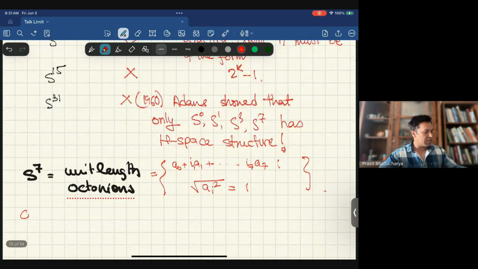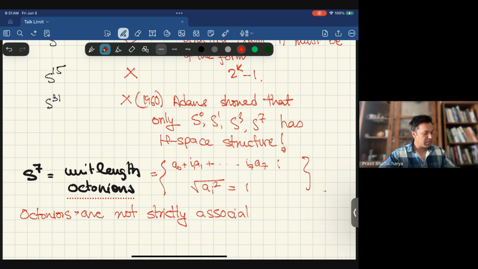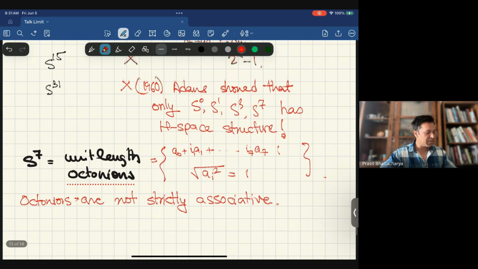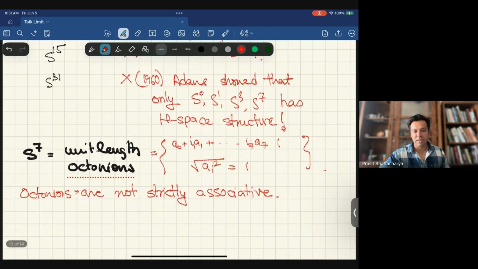But octonions are not strictly associative. It's a division algebra, all right, but it's actually not strictly associative. So the multiplication that comes from octonions is not strictly associative.